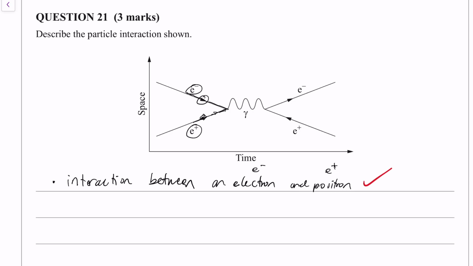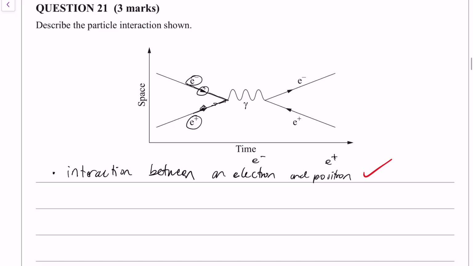And then what happens now is you have to discuss what happens in the second step. Okay, what type of interaction is that? We know that this right here is an annihilation reaction, or interaction, sorry.